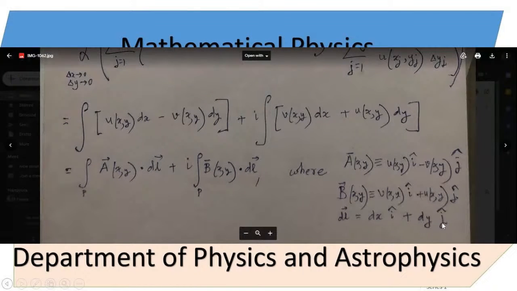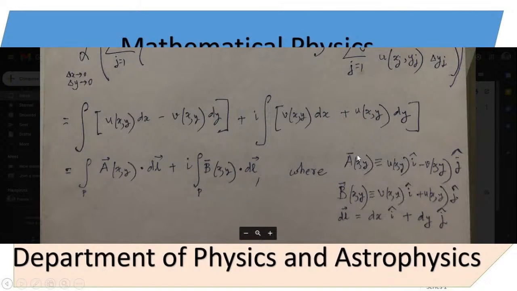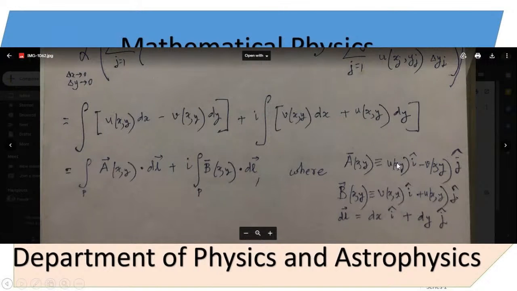And what is dl? dl is a tiny vector whose x component is dx and y component is dy. Now it is very easy to see that when you take the dot product A dot dl, you will get this equation. Why? Because i and j are orthonormal vectors. So you get u into dx minus v into dy.